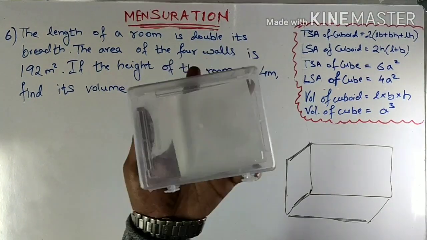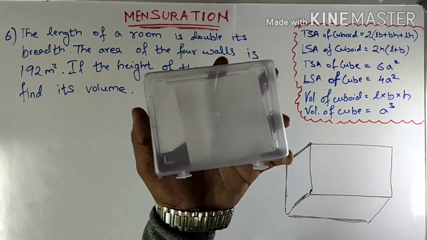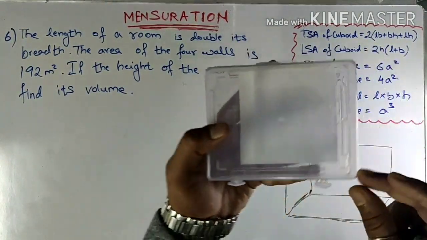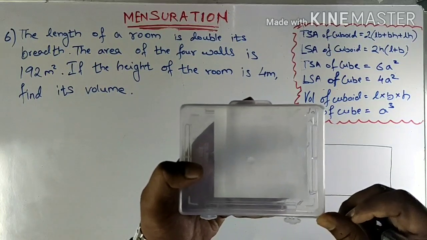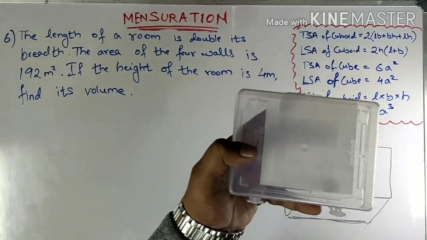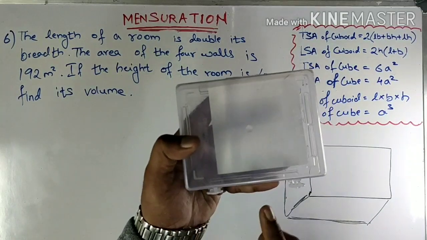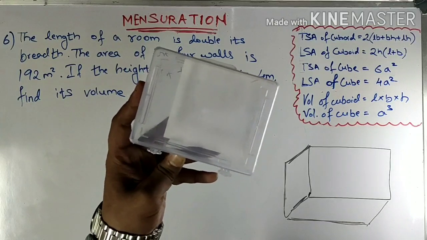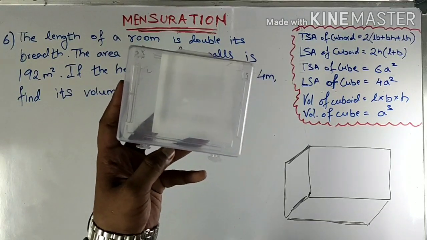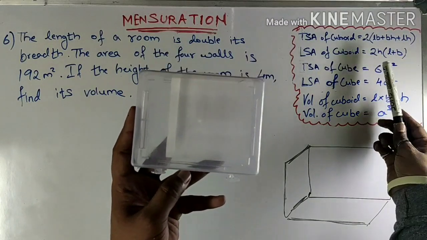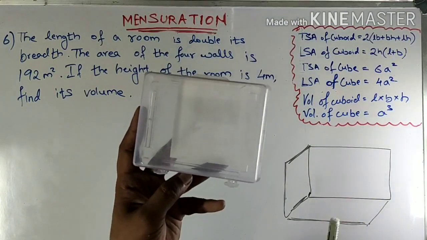If suppose this is my room, imagine the length is equal to double its breadth. Okay, height is given, and the area of the 4 walls, indirectly the lateral surface area of this cuboid is given. So lateral surface area of the cuboid includes height, length and breadth.